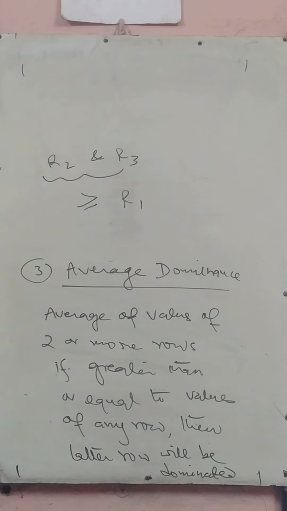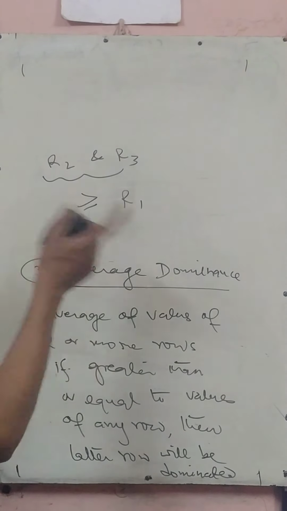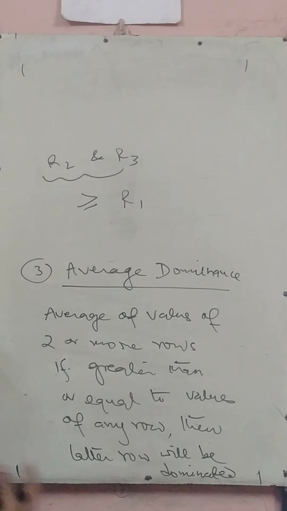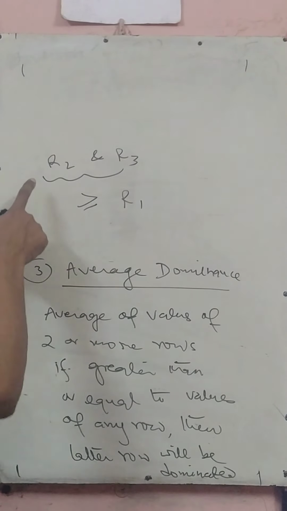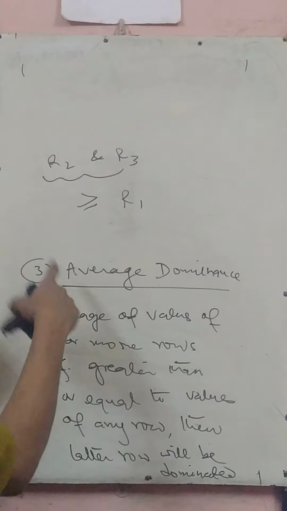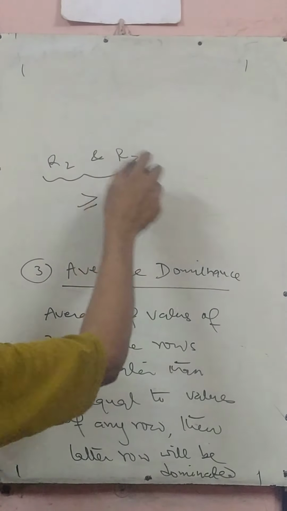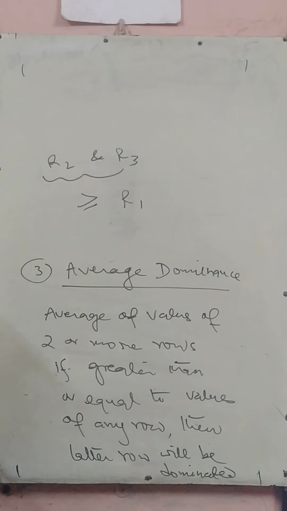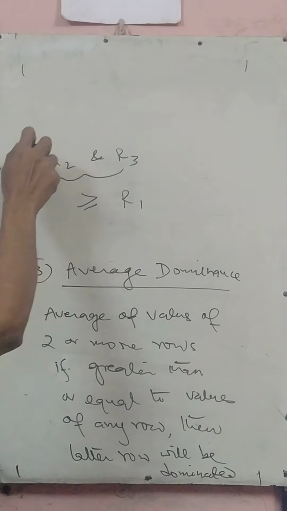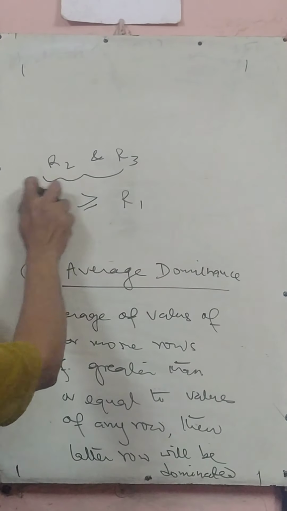So in row dominance, we take the average of 2 or 3 rows and compare with the remaining row. If the average values are greater than or equal to the corresponding values of the remaining row, then the rows whose average we have taken will be chosen, and the smaller one will be deleted.